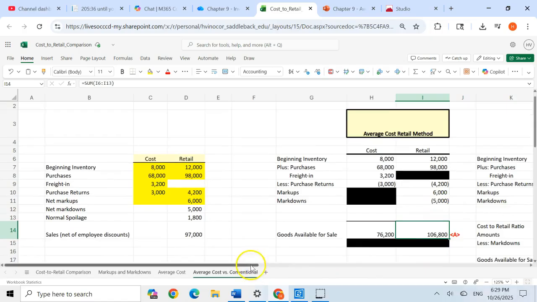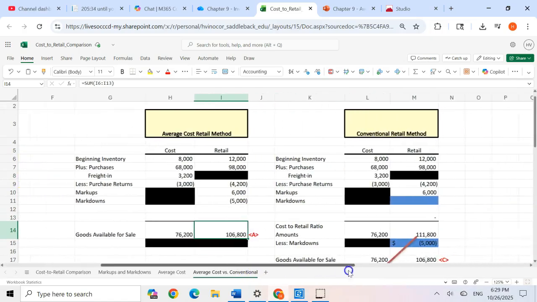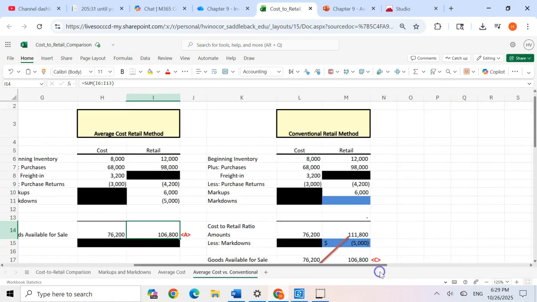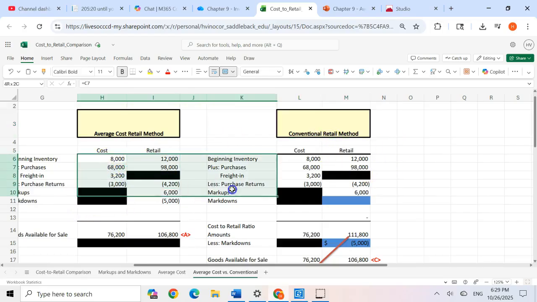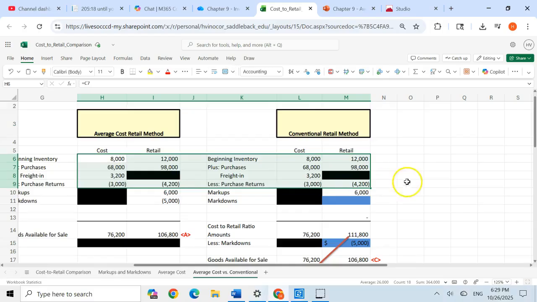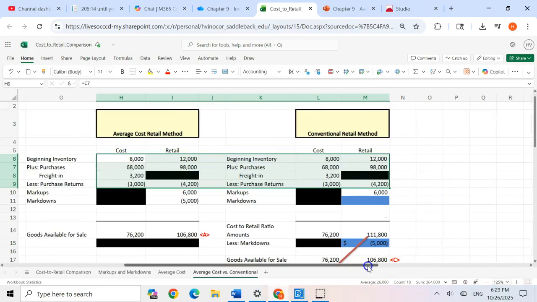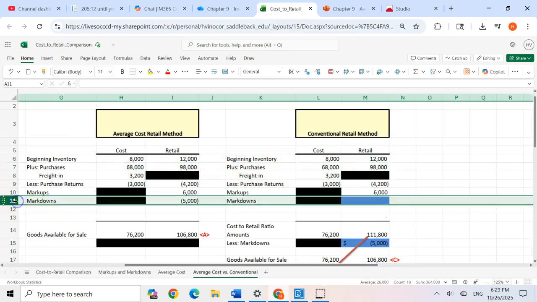I'm going to scroll over to the right, and I am also going to calculate the conventional retail method, and that mimics more of the lower of cost or market. So far, except for the markdowns up to this point, the two methods are identical. Where they differ is when we have markdowns right here.